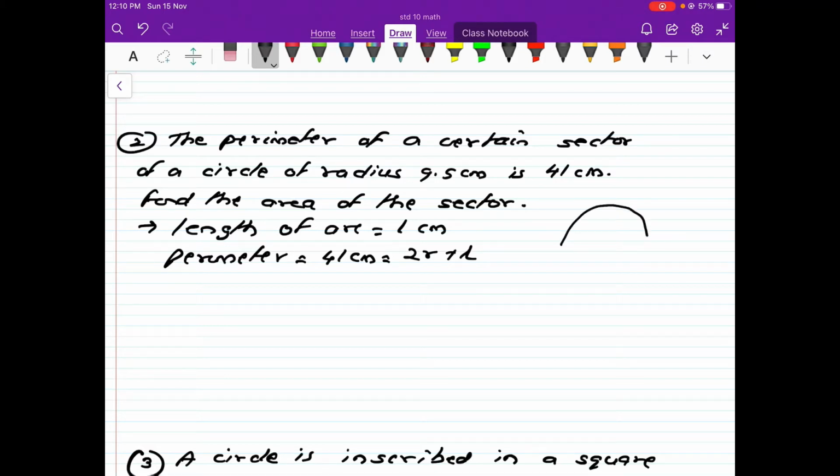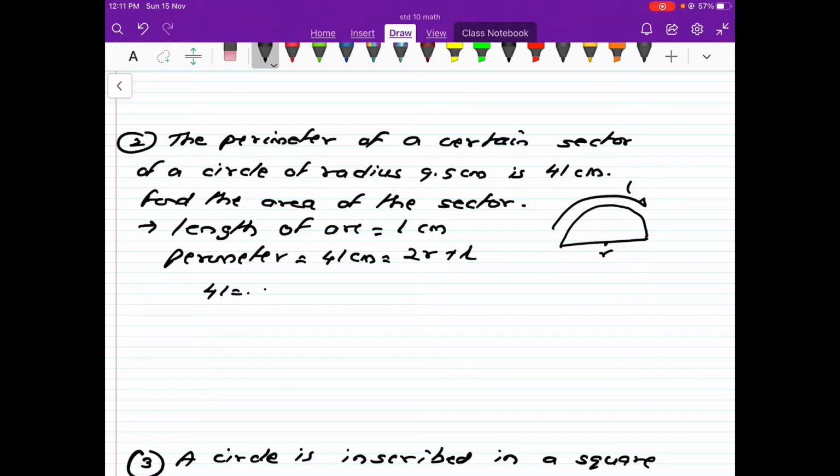If we are taking like this, this is the length of the arc, whereas this is 2r. So 41 is equal to, radius is given to us as 9.5.